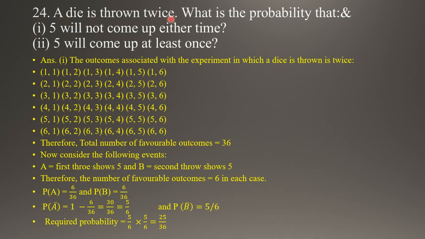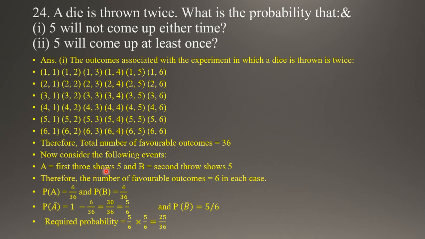A die is thrown twice. What is the probability that 5 will not come up either time, and that 5 will come up at least once? The outcomes associated with the experiment in which a die is thrown twice: 1 1, 1 2, 1 3, 1 4, 1 5 up to 36.